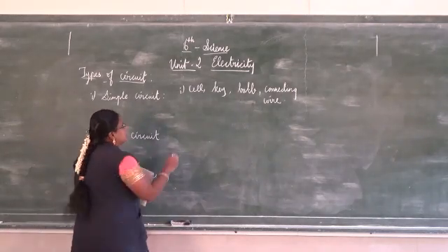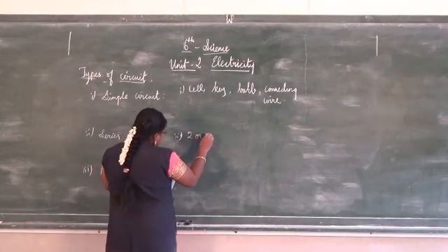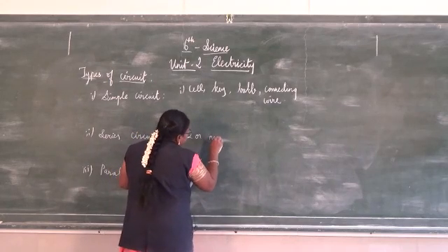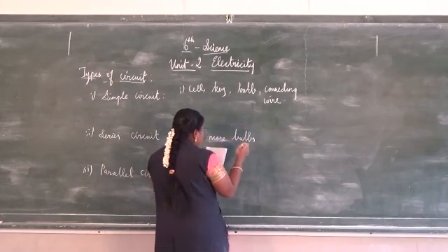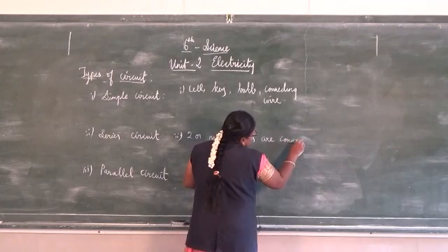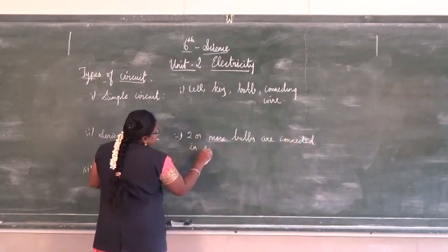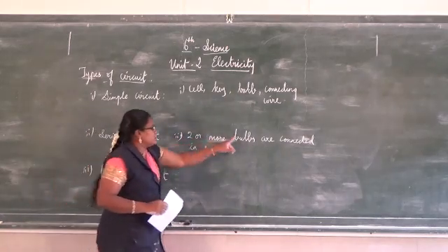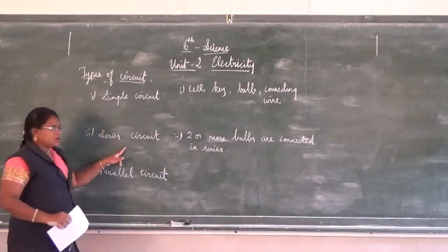Next we are going to see the series circuit. In a series circuit you will have two or more bulbs connected in series. If two or more bulbs are connected in series, then we call it a series circuit. Understand?